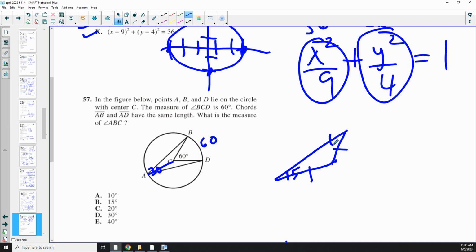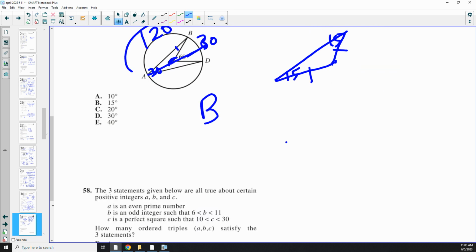So this is really an isosceles triangle. So it's 15 and 15. Another way to think about it would be this arc would have to be 120, which would make this guy 120. No. It would make this one 150, because if I kept cutting, I would cut this in half. So that would be another way to do it. But the answer has to be B for angle ABC right here, because of the isosceles triangle theorem.